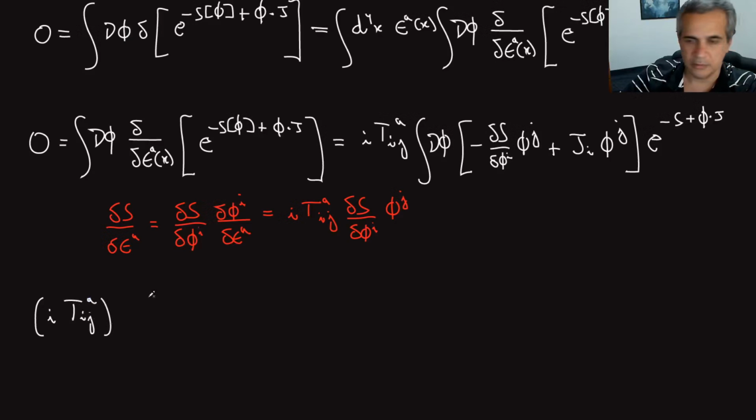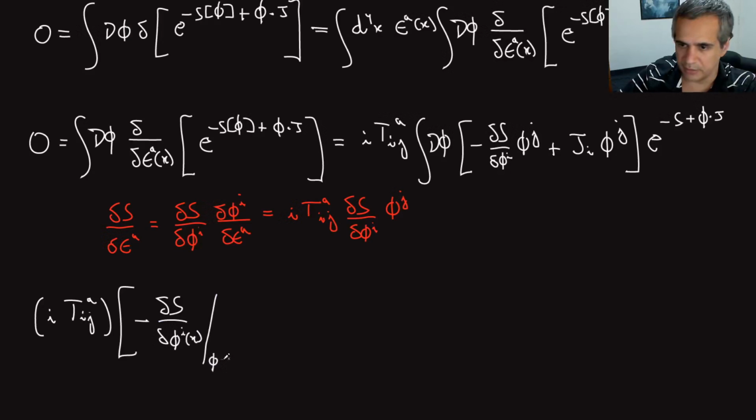So what I'm getting at is that i t i j a times this bracket, which now I'll write like this, phi i x with phi substituted by del j, plus J i, which is this part.